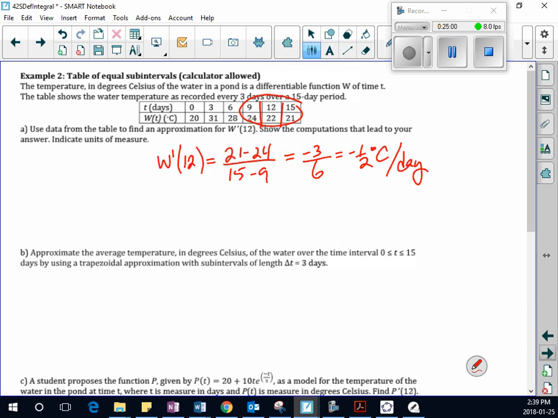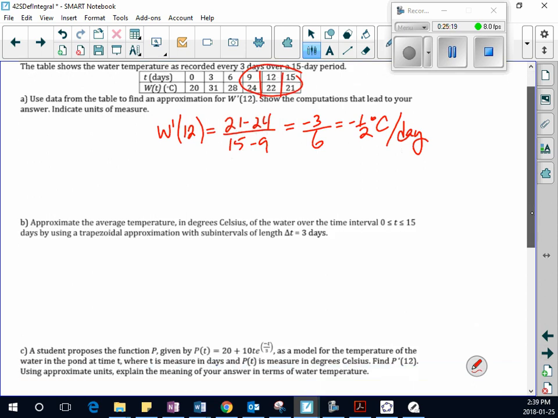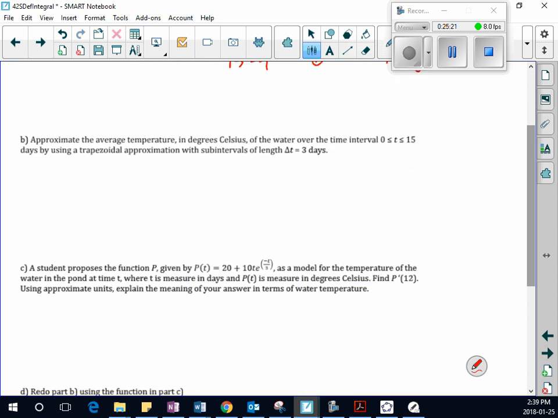Okay, it says approximate the average temperature in degrees Celsius of the water over the time interval 0 to 15 by using a trapezoidal approximation with subintervals of change of time equals 3 days. All right. Do you see in here it says average temperature? What did we remember about average?